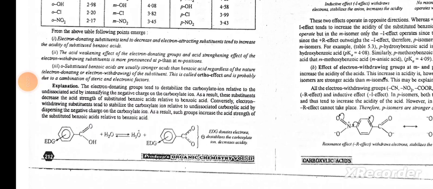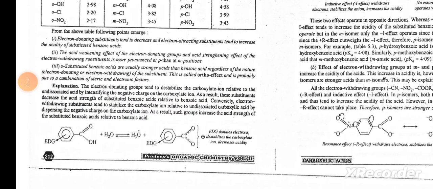Ortho-substituted benzoic acids are usually stronger acids than benzoic acid regardless of the nature, electron donating or electron withdrawing, of the substituent. This is called the ortho effect and is probably due to a combination of steric and electronic factors.